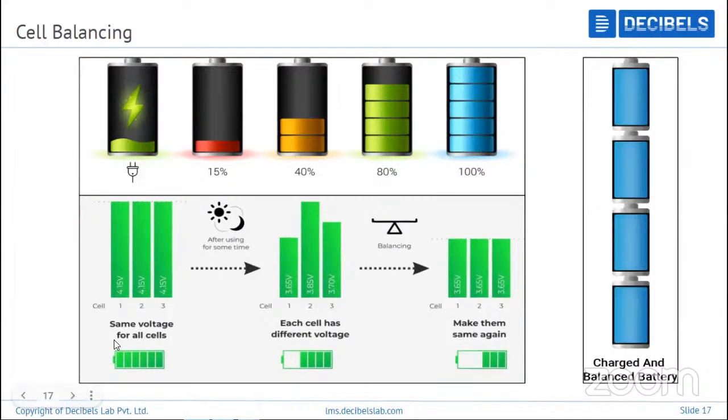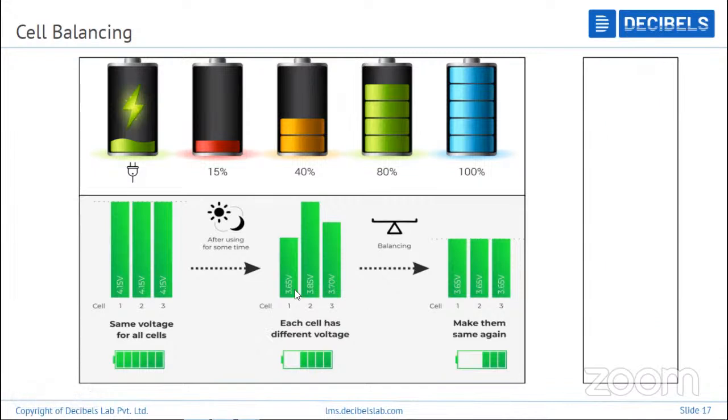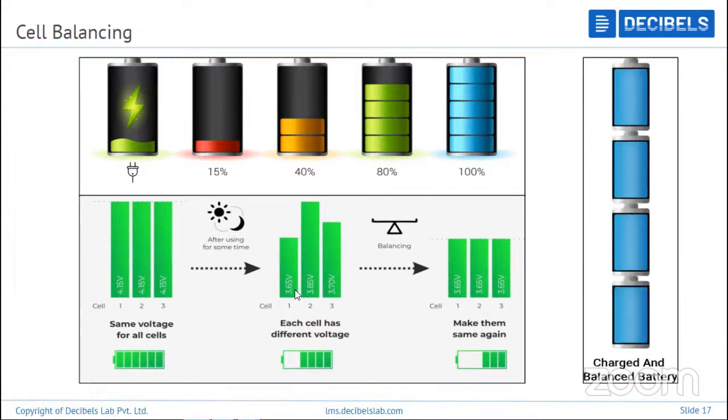So here's just an example. This is the voltage of all three cells when they're in a balanced state, right? After a certain time of using, or a certain age of the cell, you might observe the cells will have different voltages. That's due to the imbalance created. But look at the remaining SOC.